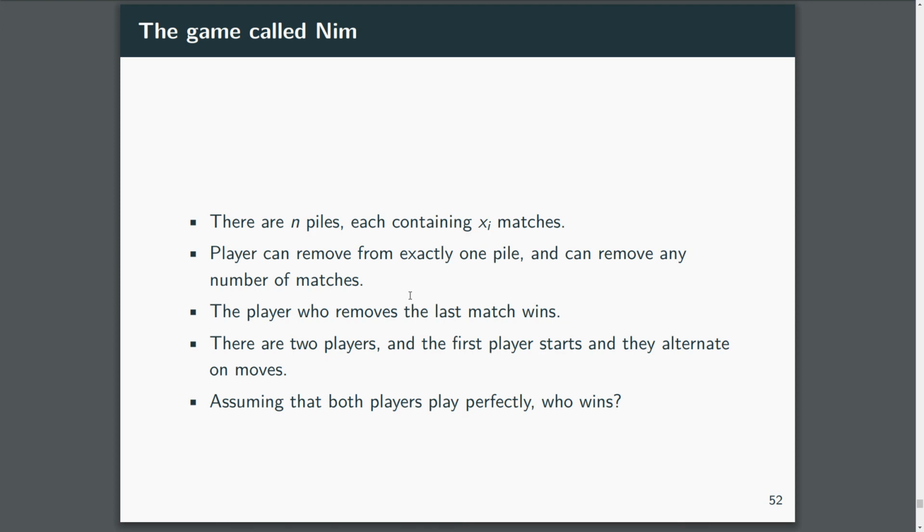Now, a player can remove from exactly one pile, but they can remove as much as they want. And the player who removes the last match wins. Again, there are just 2 players, the first player starts, and they alternate on moves. So let's assume both players play perfectly. Who wins?